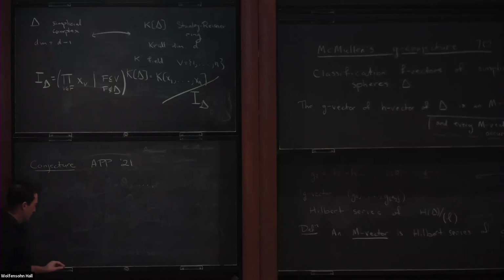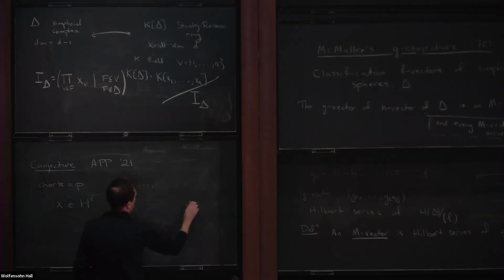One conjecture that they made in this was that, so we were working in characteristic 2, but you could ask what happens in characteristic P. So the conjecture was that if you take an element in degree I and I times P is less than or equal to D, and I have a non-zero element, then taking P powers should not be equal to 0.